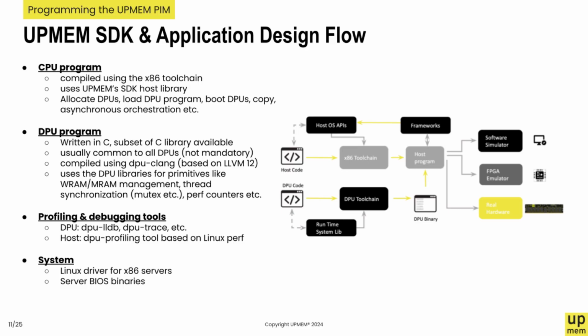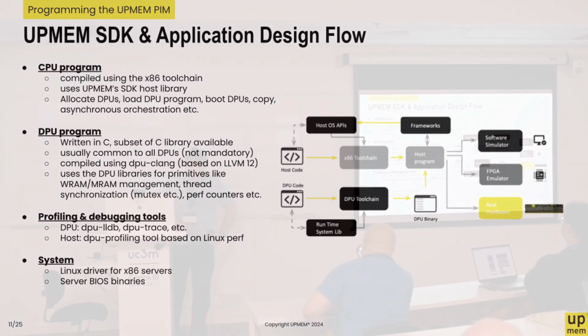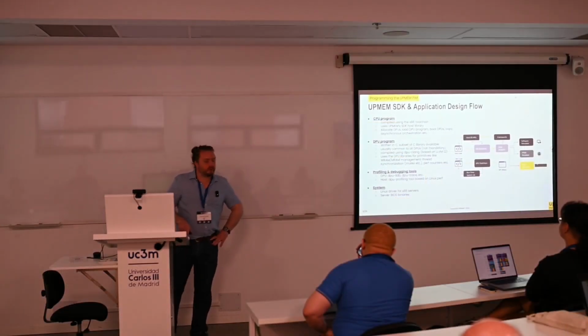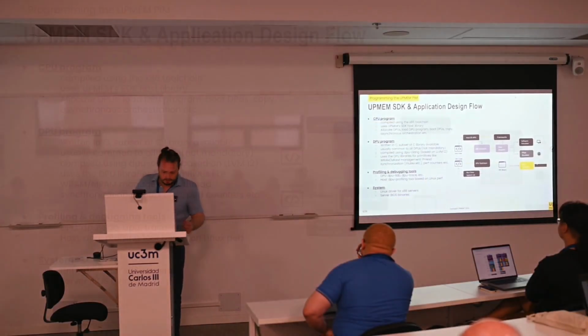In the library, there are some primitive functions for thread synchronization, for reading into the MRAM, doing some performance counting, and so forth. Oh, yeah, by the way, I forgot to mention on the CPU side, the host application can be coded in C, but there are also bindings for C++, Java, and Python.